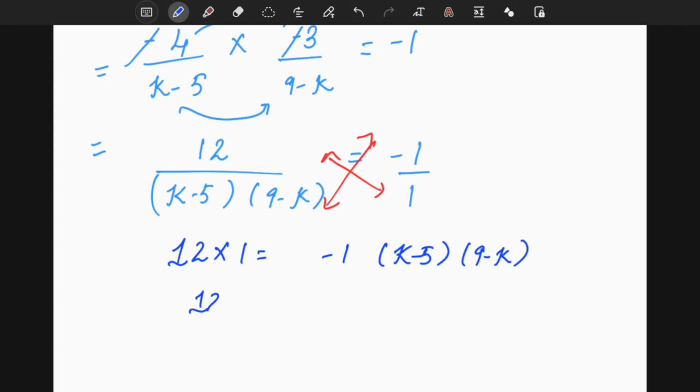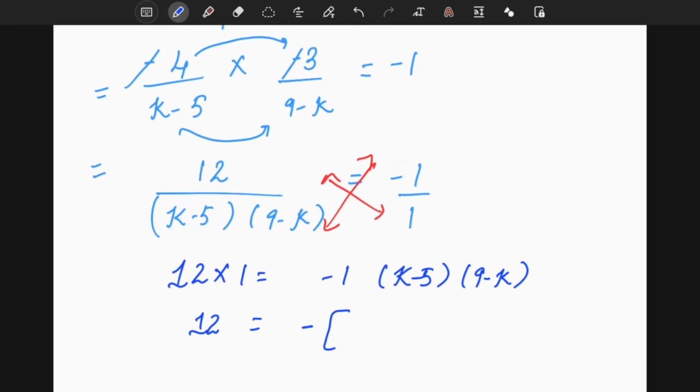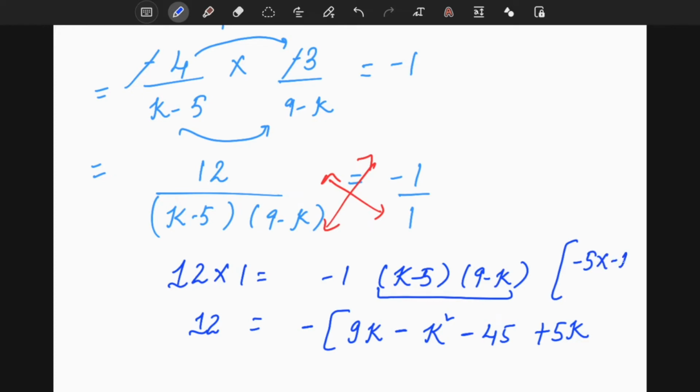Now see, here is a minus, we'll put the minus outside the bracket and multiply both brackets. K into 9 is 9k, k into k is k square, minus 5 into 9 is minus 45, and minus 5 into k is minus 5k. And you know, when we have minus 5 into minus k, it will become positive.